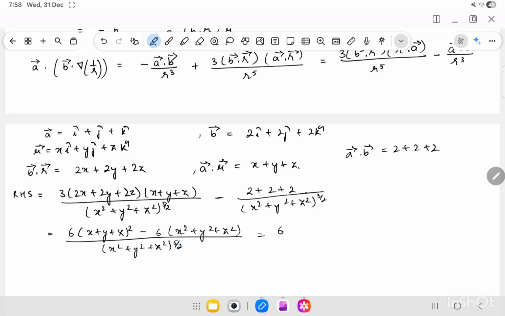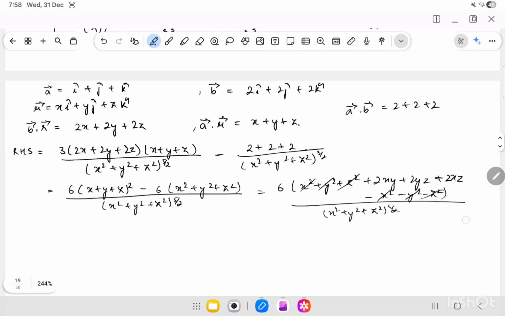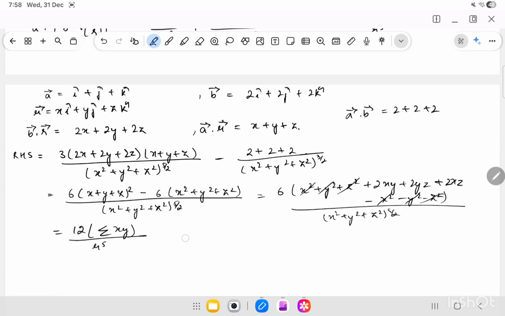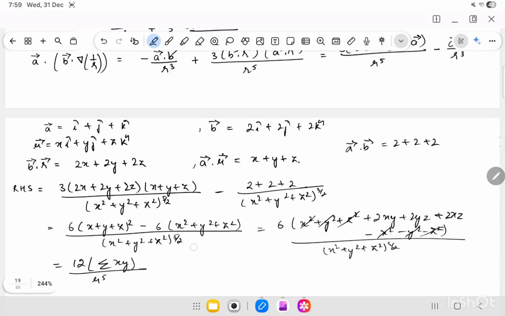And if I pull out 6 and open this whole square relation, it will be x square plus y square plus z square plus 2xy plus 2yz plus 2xz minus x square minus y square minus z square divided by (x square plus y square plus z square) raised to 5 by 2. These terms can be balanced out, so it will be equal to 12 times summation xy divided by r raised to 5. Likewise, we can evaluate LHS as well and see that both these things are equal only.